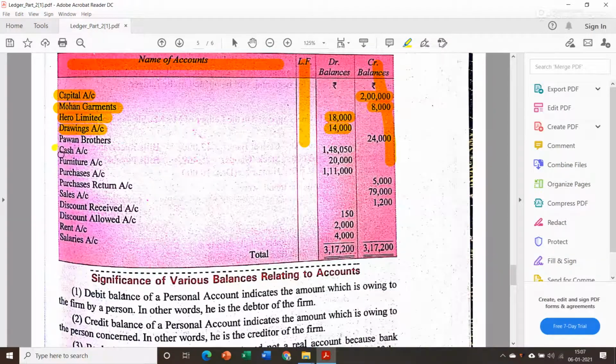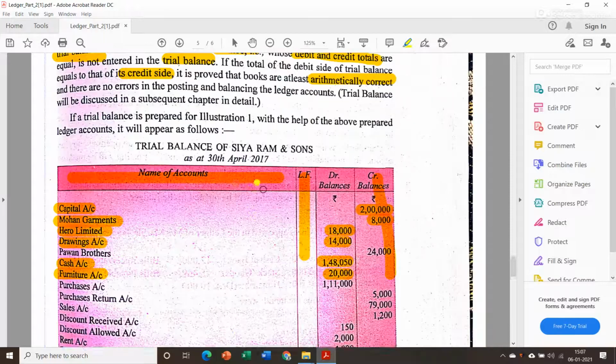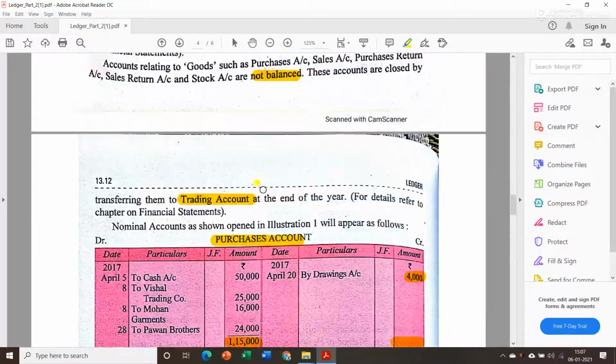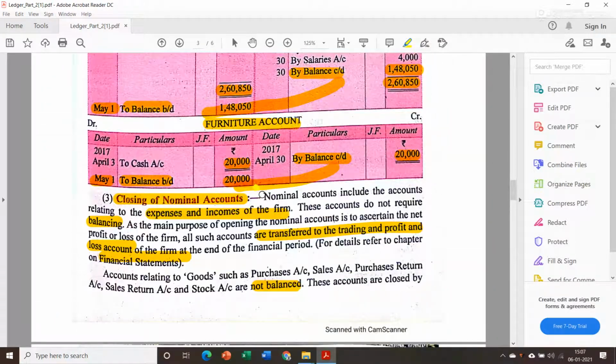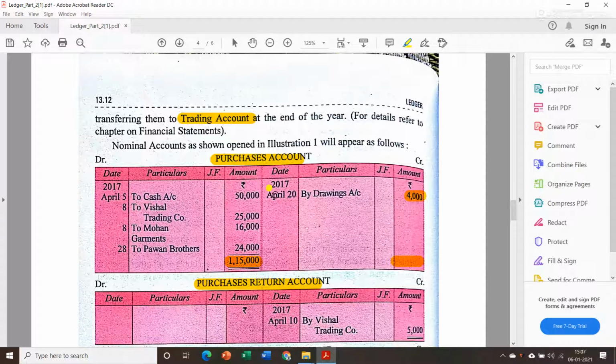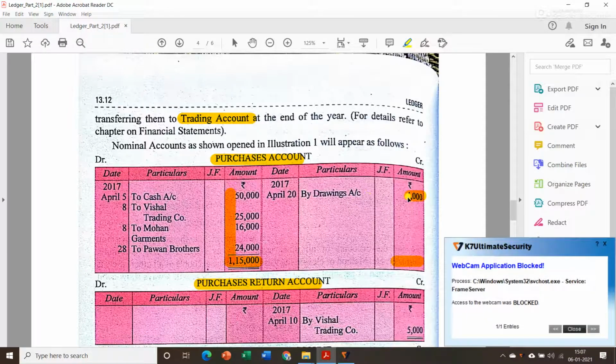Here the cash account is showing 1,48,050 of debit balance, then the furniture account is showing 20,000 of debit balance. Now see, since in this question we are only preparing a trial balance, we are not preparing the trading and profit and loss account, that means we have to include all the nominal accounts as well. So in the purchases account we will simply find the total of the debit side, that is 1,15,000 minus 4,000.